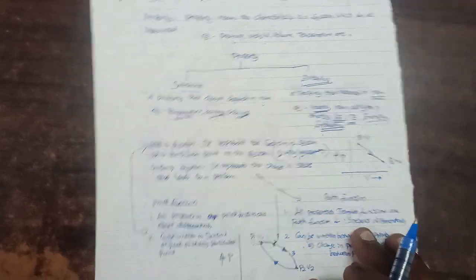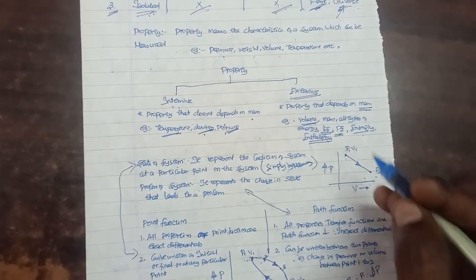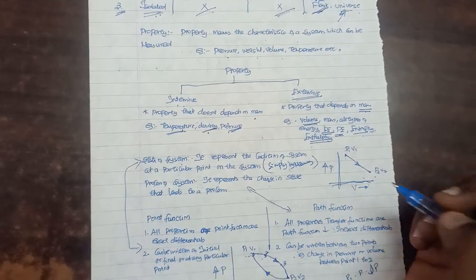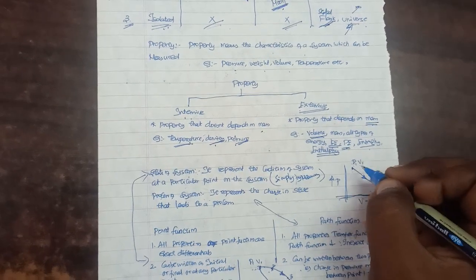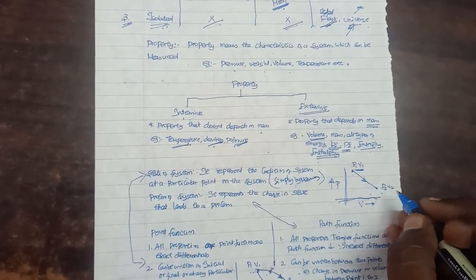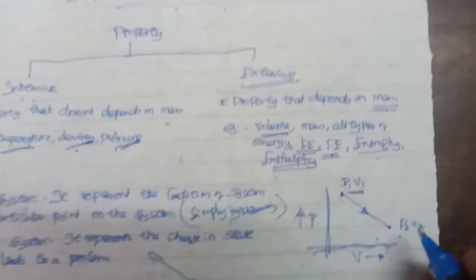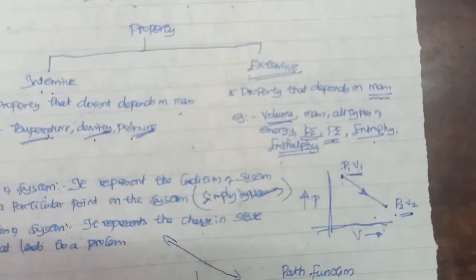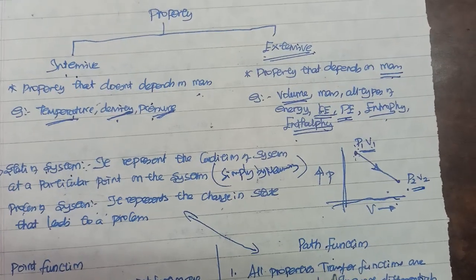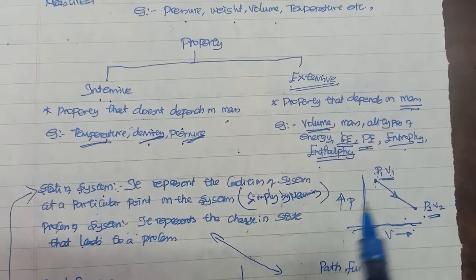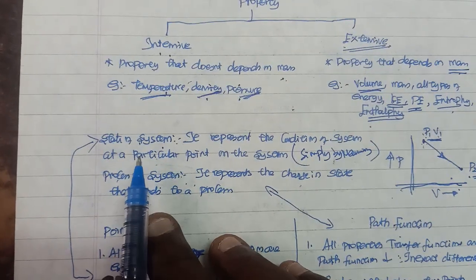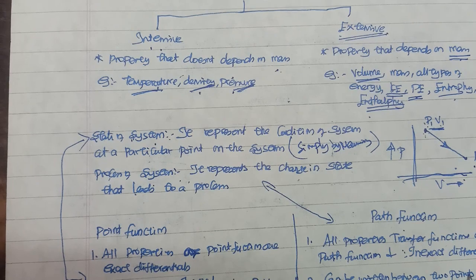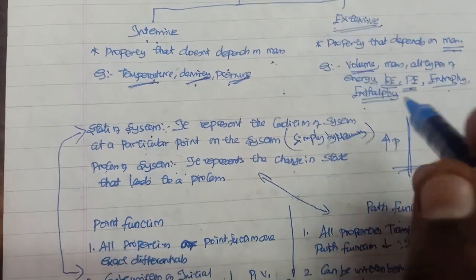Suppose we consider a process in which we plot a PV diagram, where the pressure and volume at point 1 and pressure and volume at point 2 we can measure and tell. This is called the state of the system. It represents the condition of the system at a particular point.